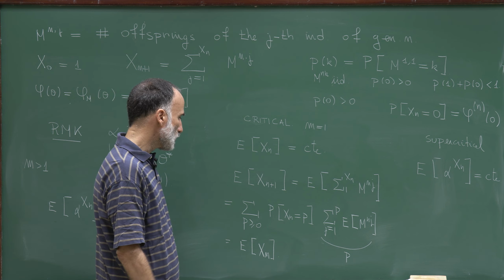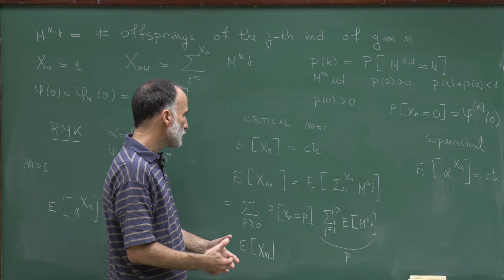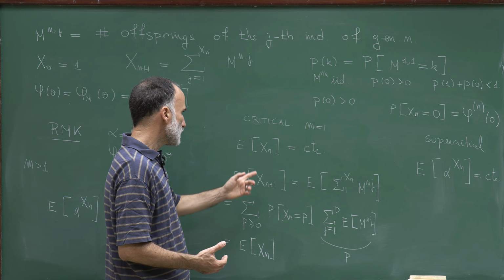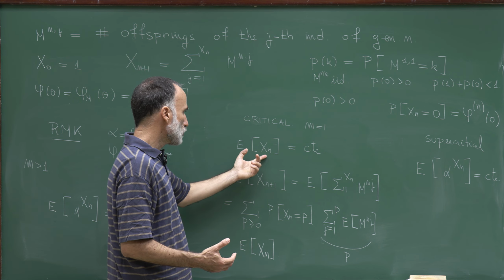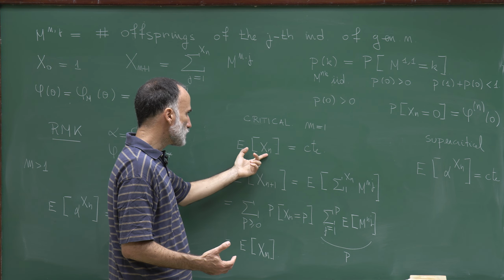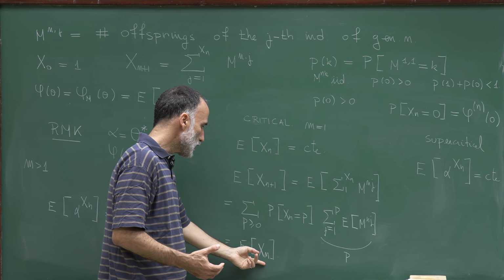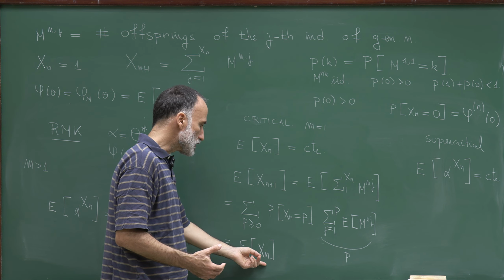And it might be puzzling, because on the one hand, xn is converging to 0, so xn is disappearing. On the other hand, the expectation is constant.